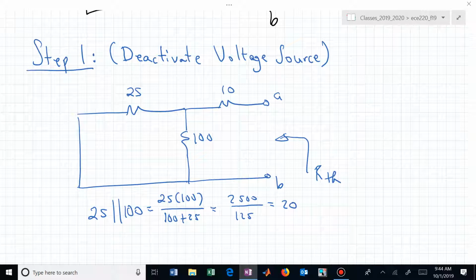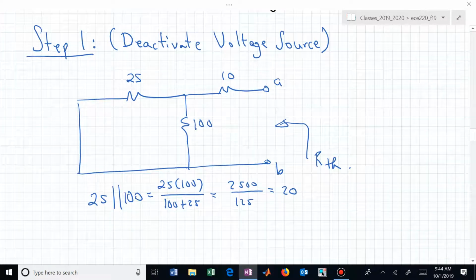And now hopefully you can see that our Thevenin resistance between terminals A and B is 30 ohms. It's the series combination of that 20 with 10. So now we have our Thevenin resistance.